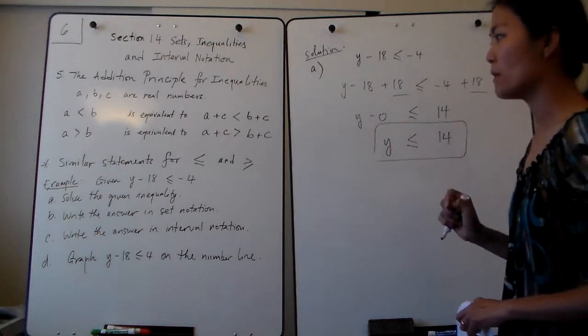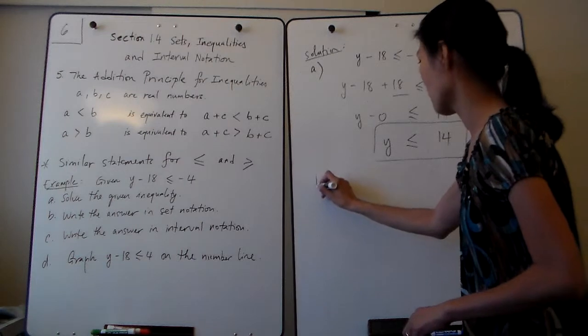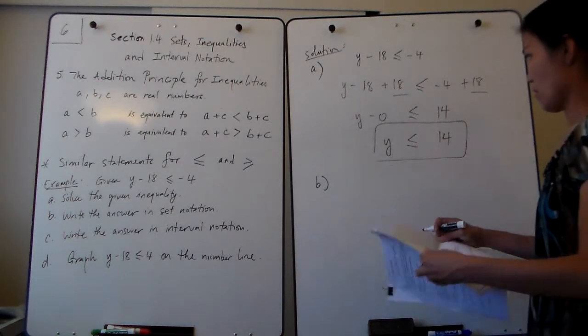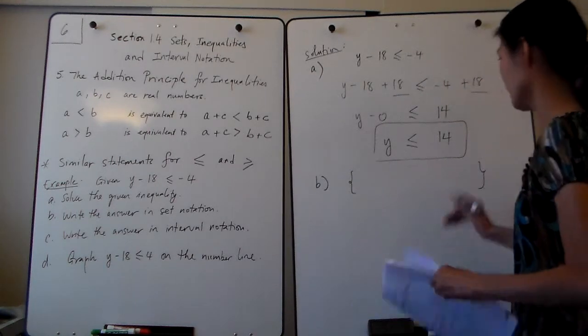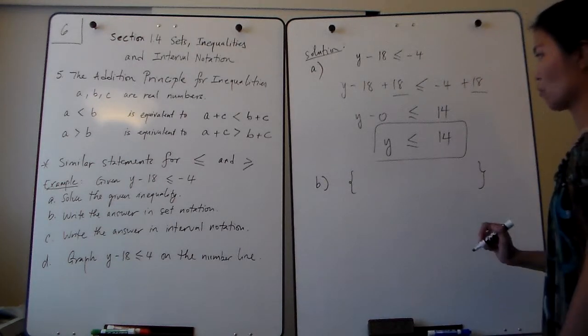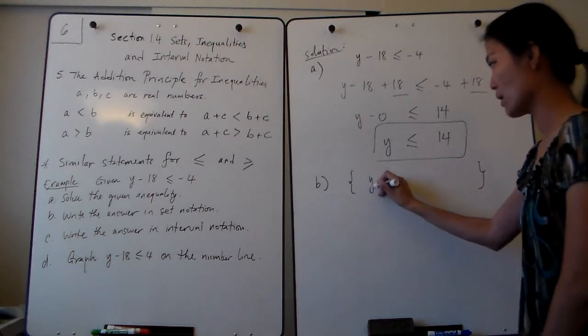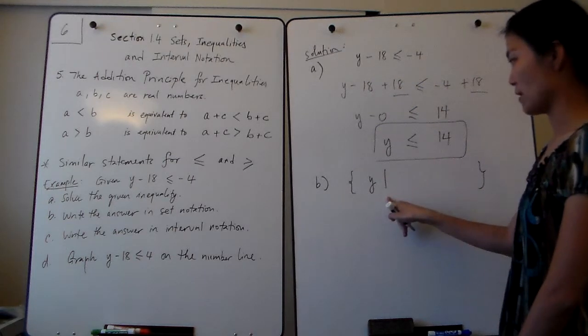Okay? Part B, write the answer in set notation. Set notation means we're going to use braces, okay? So remember, for set notation, we start with the variable y, the given variable. So y such that. So what is y?